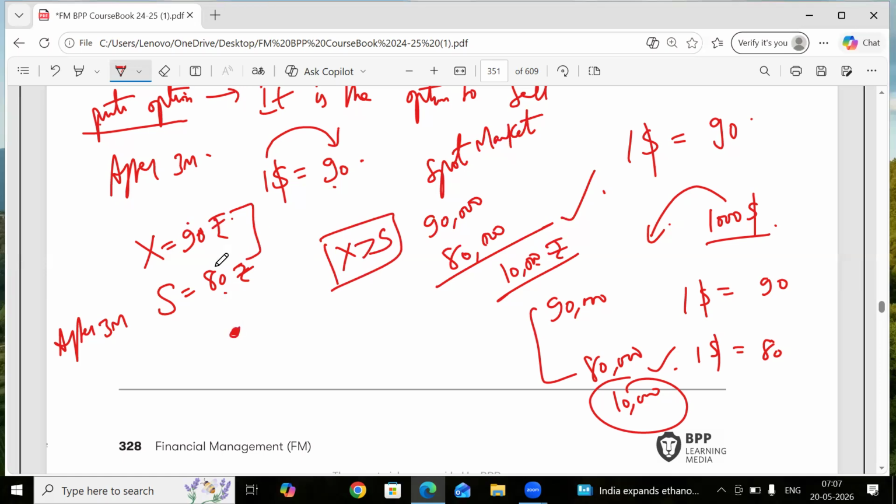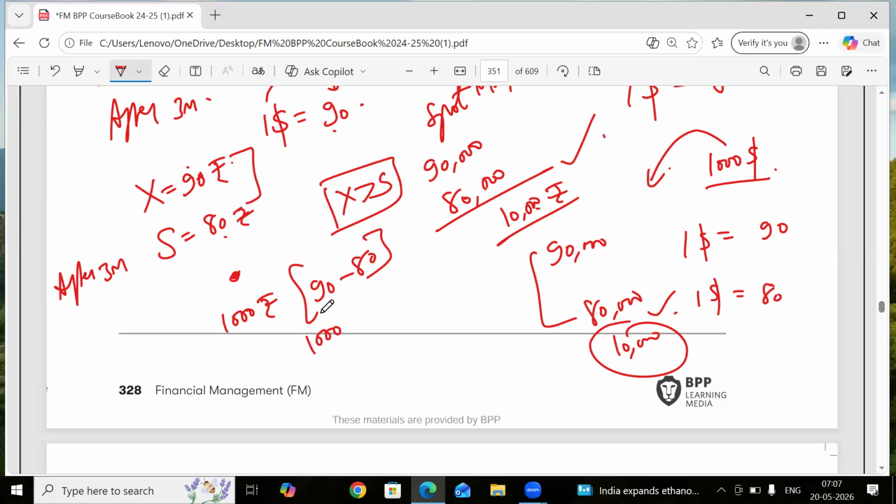Or something which is of 80, you are still selling at 90. So you're getting a gain. So it was for $1,000. The contract was for $1,000. 10,000 rupees you are getting gain.